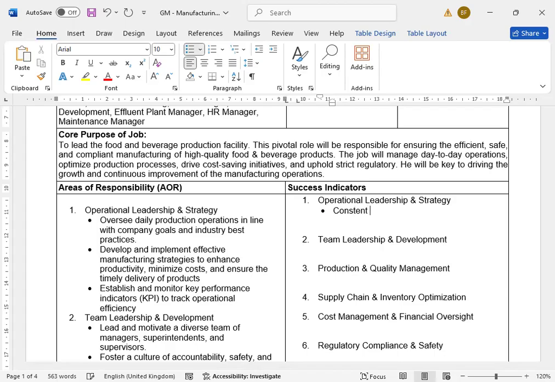Consistent achievement of production targets.